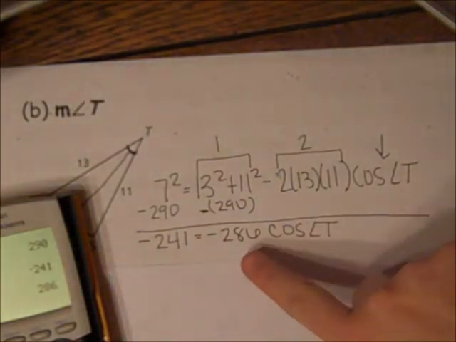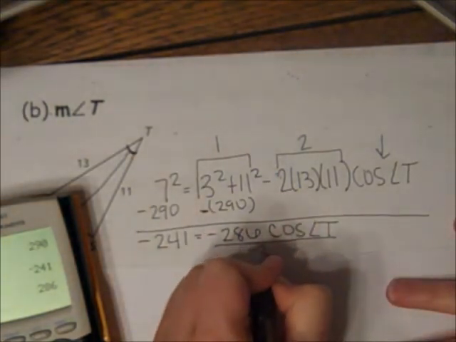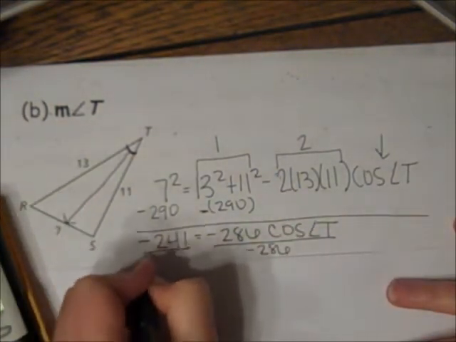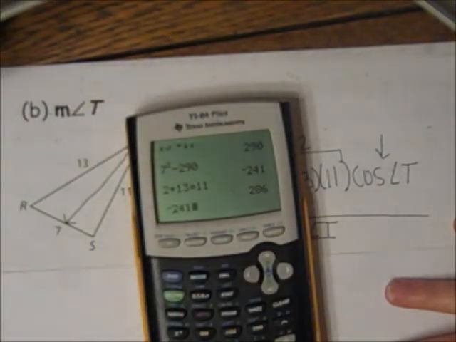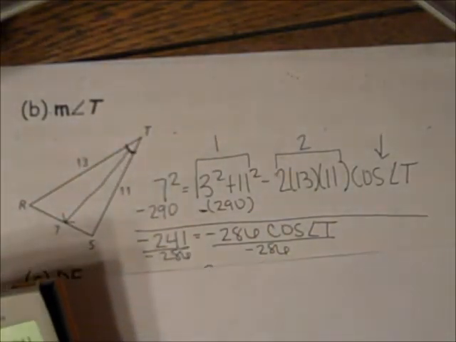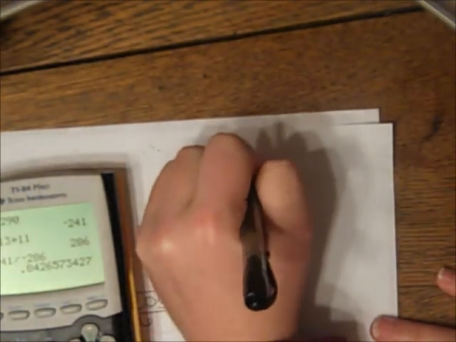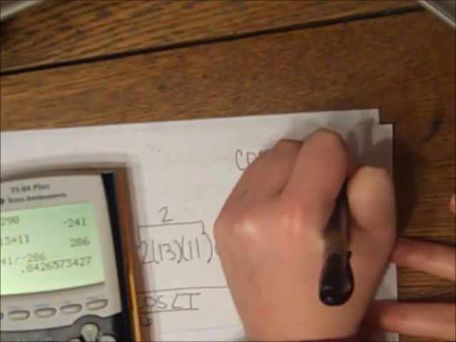So second, I need to get rid of this negative 286. So I'm going to divide by negative 286. Negative 241 divided by negative 286. And I'm going to get this long decimal, and I'm running out of room here for the next example, so I'm going to scoot over. So I have cosine of angle T is equal to 0.842 blah, blah, blah.